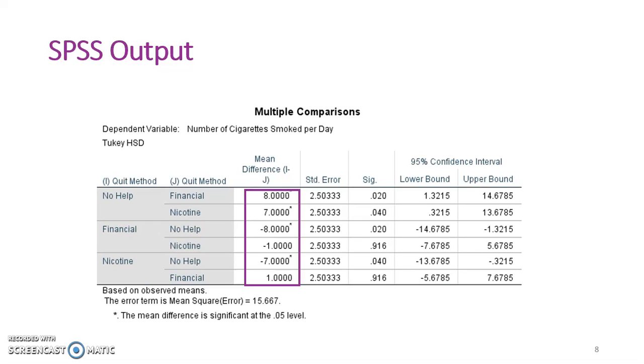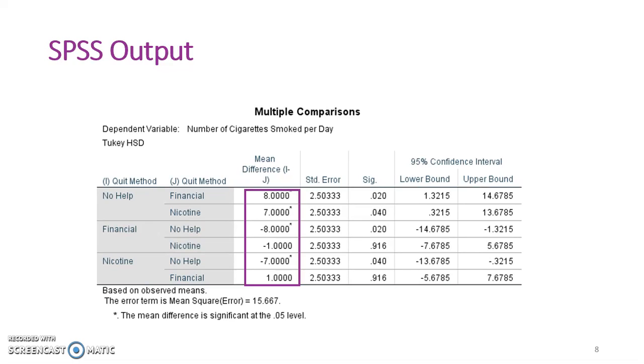And we can see that any mean difference in the purple box that has a significance value of less than 0.05 has an asterisk next to it. And that's telling us that that's a significant group difference. So if we go through and look at these, we see that the difference between the no help and the financial group was significant, and the no help and the nicotine therapy group was also significant.